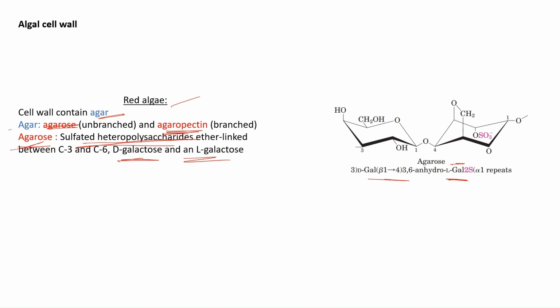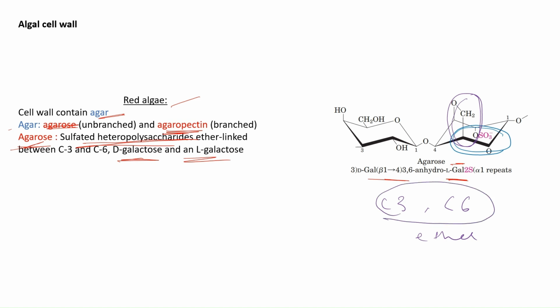But here it is sulfated. You can see the sulfur group here. And also one more linkage you can see here is the linkage between C3 and C6, an ether linkage. So agarose consists of D and L galactose, where the galactose is sulfated and we can see the bond between C3 and C6 of the same galactose.